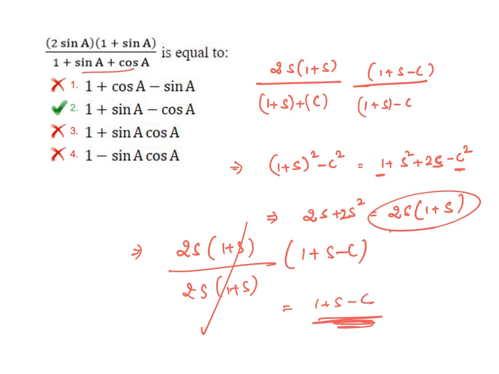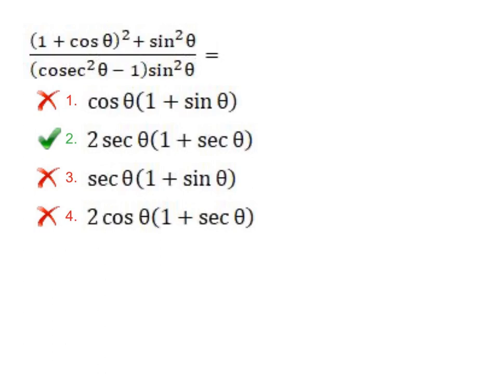So by looking at the denominator, you have to get your factor with which you have to multiply. It is asking you (1 plus cos theta) whole square plus sin square theta, divided by (cos square theta minus 1) into sin square theta. Your numerator, you expand it: (1 plus cos theta) whole square is equal to 1 plus cos square theta plus 2 cos theta plus sin square theta. Denominator, cos square theta minus 1 is cot square theta. Cot square is nothing but cos square theta/sin square theta into sin square theta.